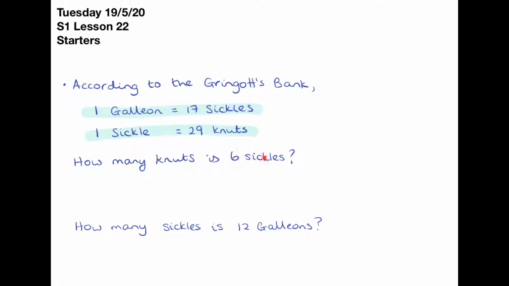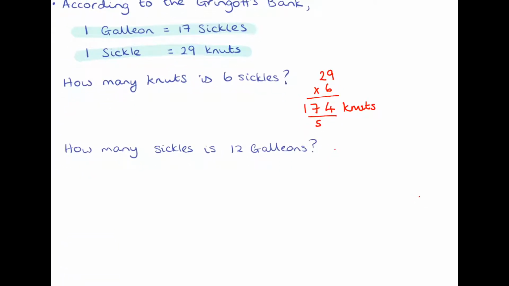So if we've got 6 sickles, we're going to have 6 times 29, but it's easier to do it as 29 times 6. 9 sixes are 54, 2 sixes are 12, add the 5 makes 17. So the answer is 174 nuts.